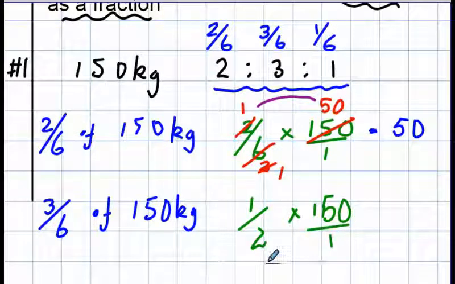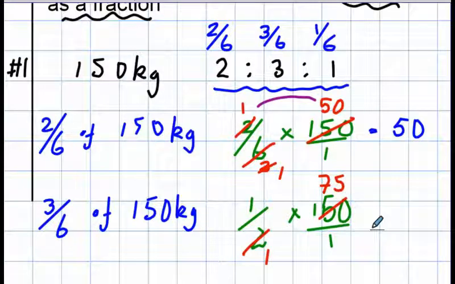Any cancelling? Yeah, there's a nice straightforward one. 75. Now, finding a half of 150, you probably don't need to use arithmetic anyway. So you could just write down equals 75.